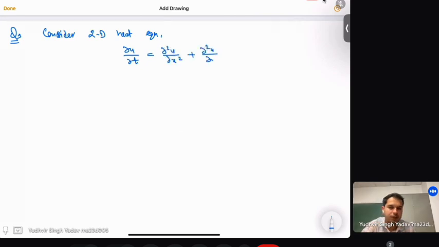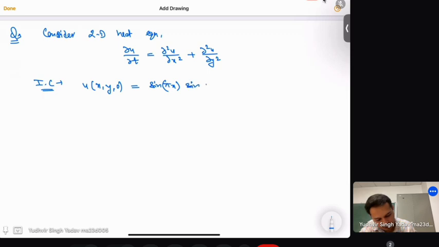So this is our standard two-dimensional heat equation. And the given initial condition is U(x, y, 0) equals sine pi x multiplied by sine pi y. So this is nearly the same problem as the previous one. And the boundary conditions are U equals 0 on the boundaries.